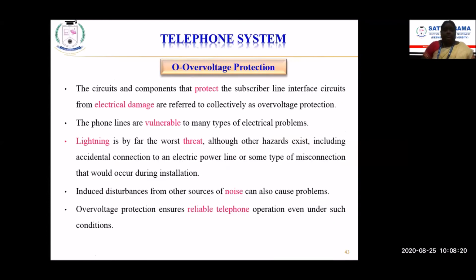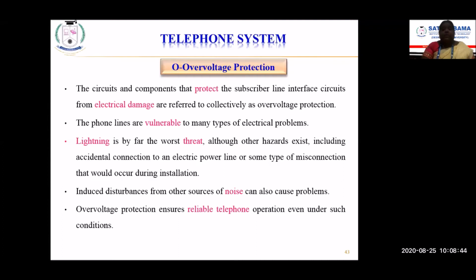Now let us see the second one, that is the over voltage protection. As we all know, some kind of over voltage might occur, or whenever a person is doing servicing operations, he might mistakenly take the lead wire and keep it on the circuit, and a short circuit might occur. Also, these wires are susceptible to lightning threat.